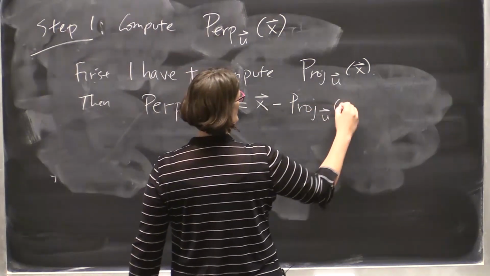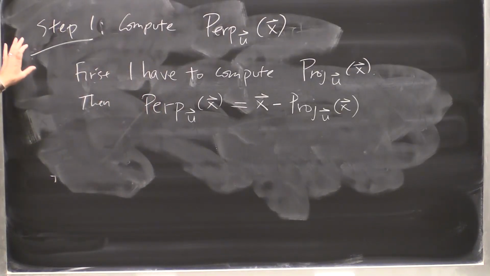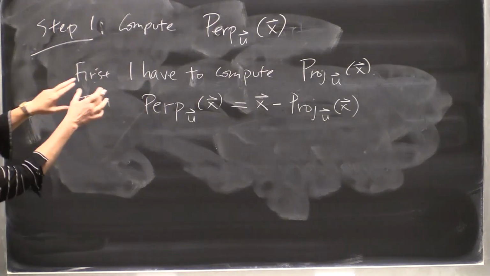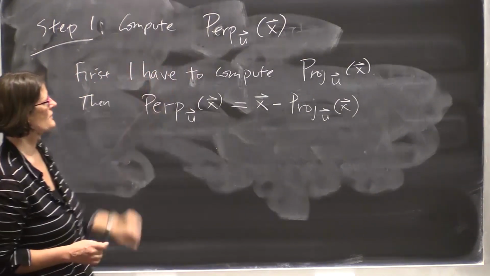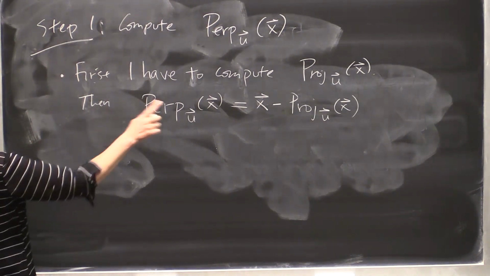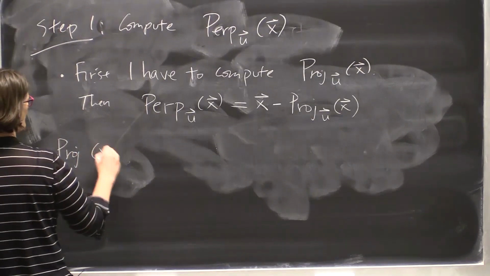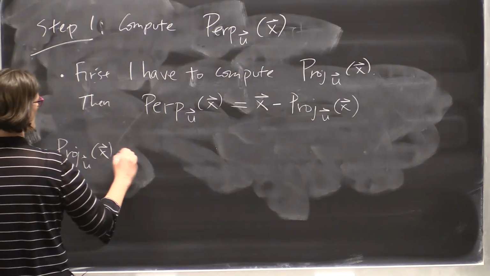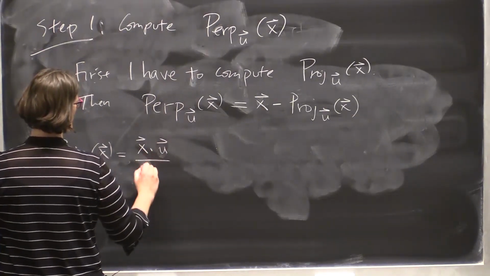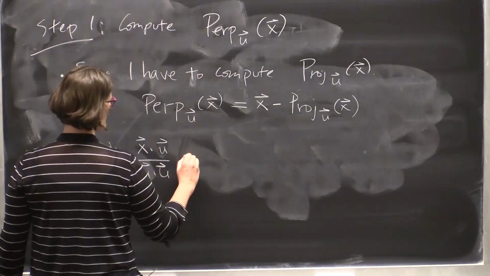That's how I'm going to do the first step. Once I've computed this, I go to step 2, which is to project this thing onto u. So first, I have to compute the projection of x onto u. The projection of x onto u is x dot u over u dot u in the direction u.